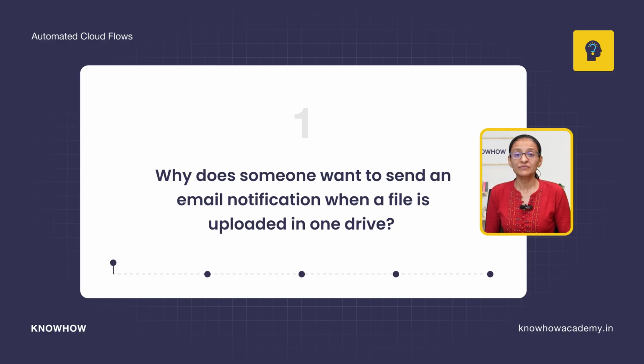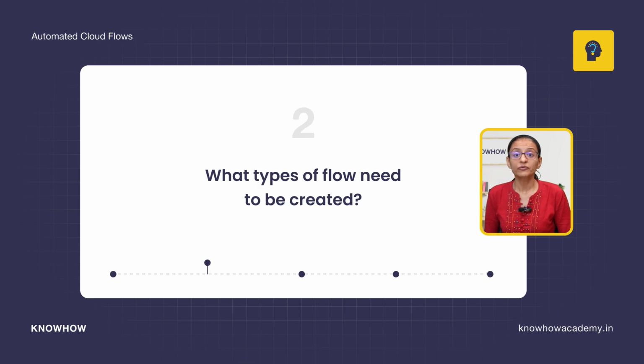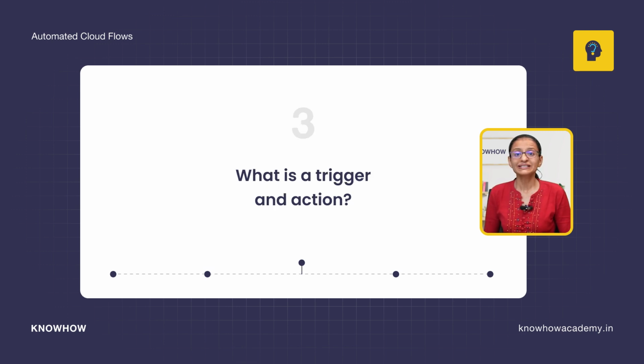Before going ahead, let me tell you what you will learn from this video. First, you will learn why someone wants to send an email notification using Power Automate when a file is uploaded in OneDrive. Second, what type of flow needs to be created. Third, what is the meaning of trigger and action in a Power Automate flow?